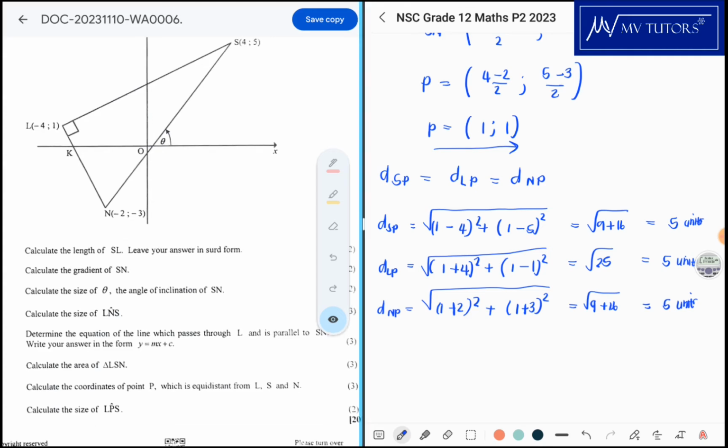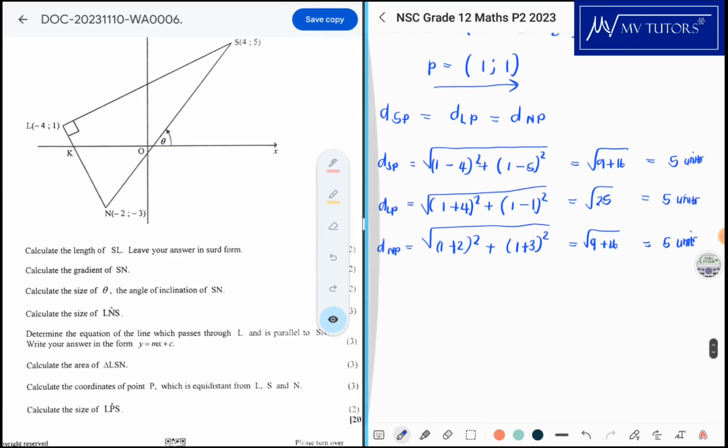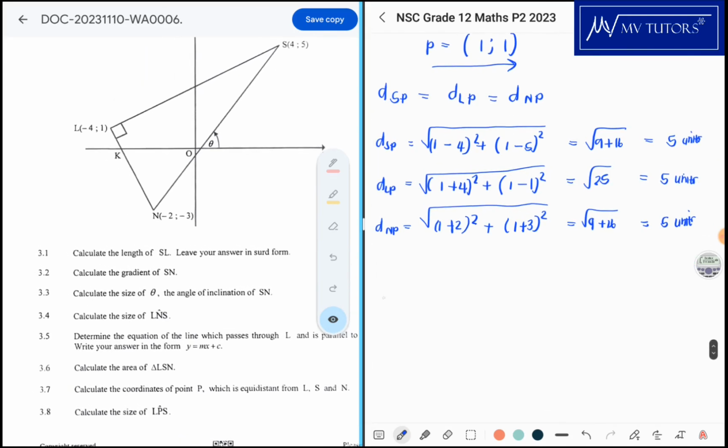All right, and then the last question says, calculate the size of LPS. Okay, 3.8. I'm just going to redraw this again.